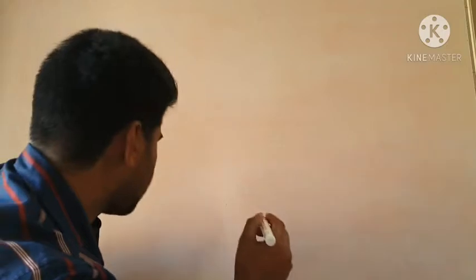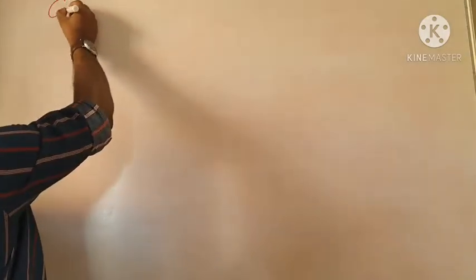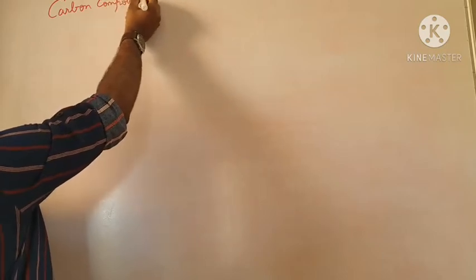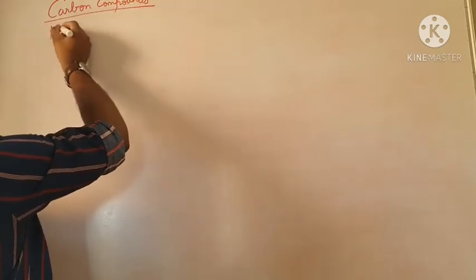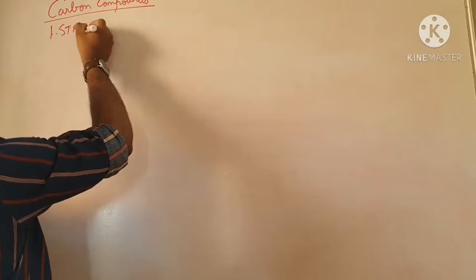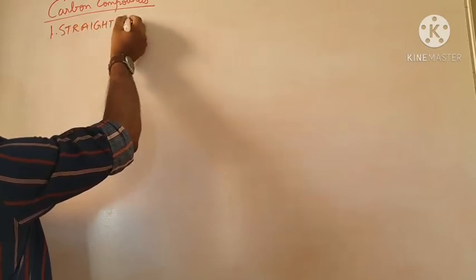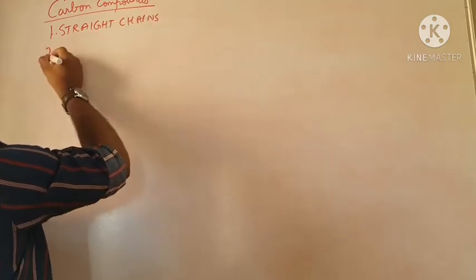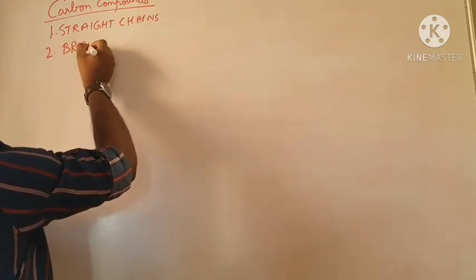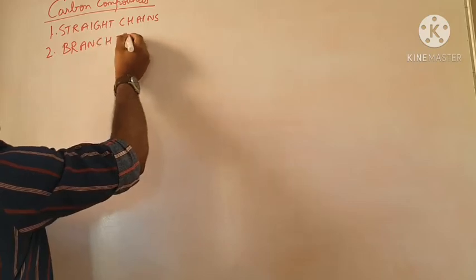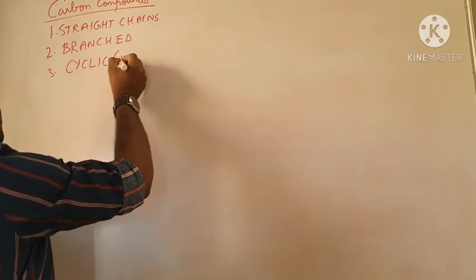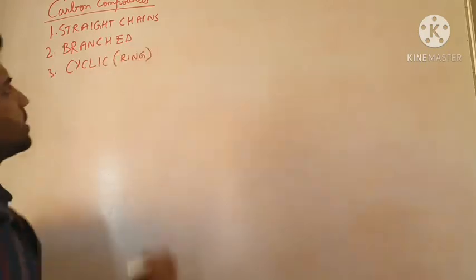We know that carbon compounds can exist as straight chains, which we have discussed till now, or they can also exist as branched structures or as cyclical or ringed structures.